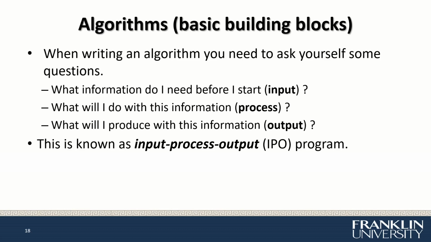A lot of the time, we will write programs that prompt the user for input. You do something with the input data, and then you display the output. For example, if you want to write a program to provide change, given 79 cents, how much change would you give the user?